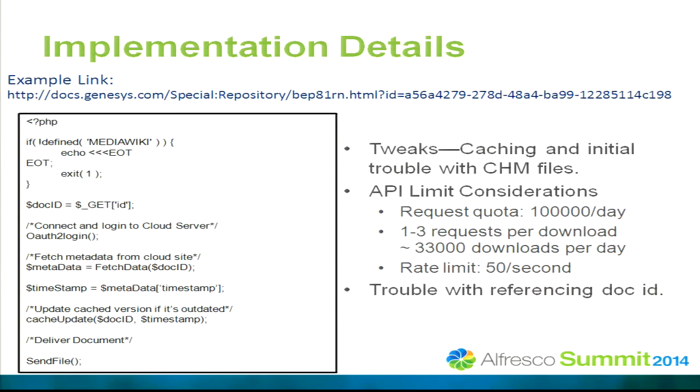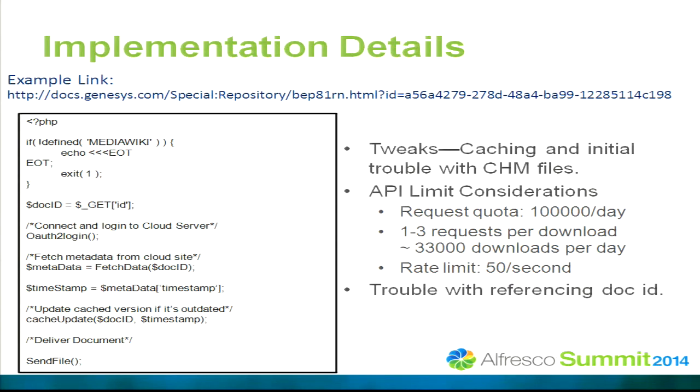So some initial tweaks we had to make were the cache. Our first implementation of the script did not have a cache, so implementing the cache really sped things up. And we had some problems with CHM files, but when we investigated, that ended up being an issue with our server and not with Alfresco.